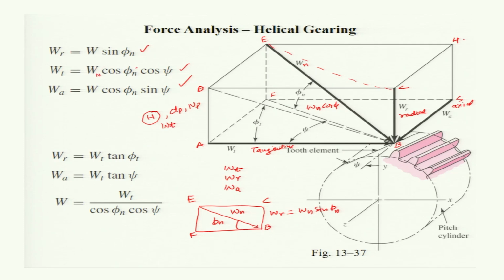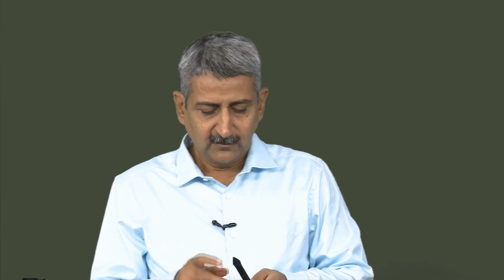Wn is equal to Wt divided by cos phi n and cos psi. It is substituted here. Then you get Wr, Wa and Wn all in terms of the transmitted load, the transverse pressure angle, and the helix angle.